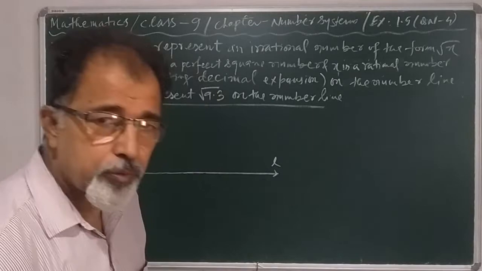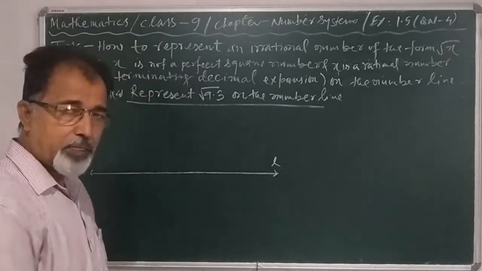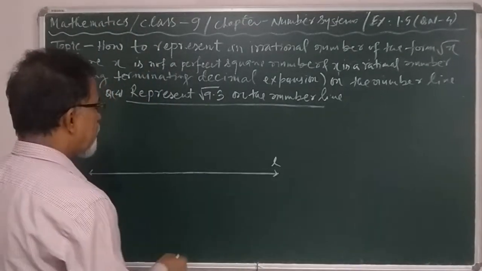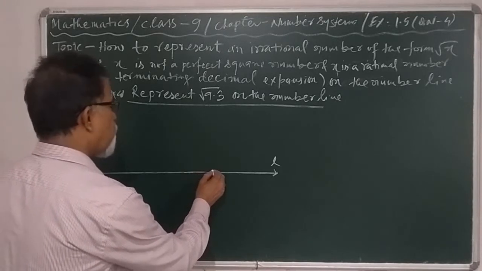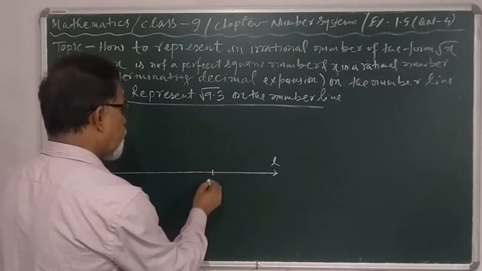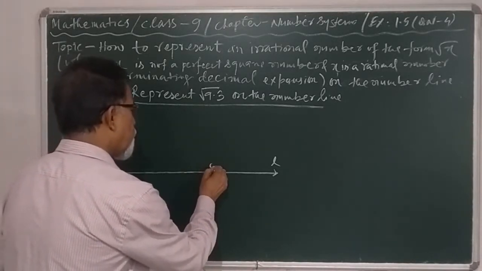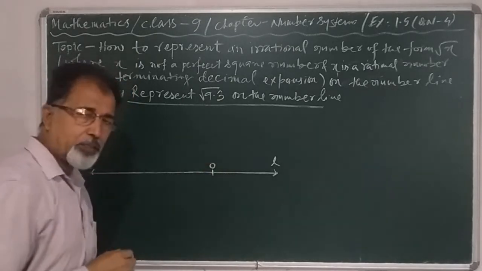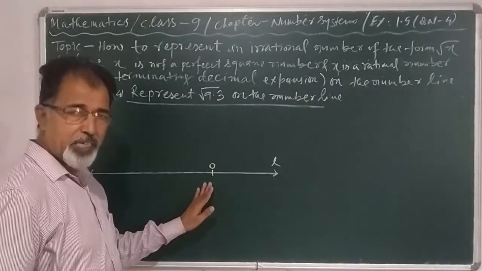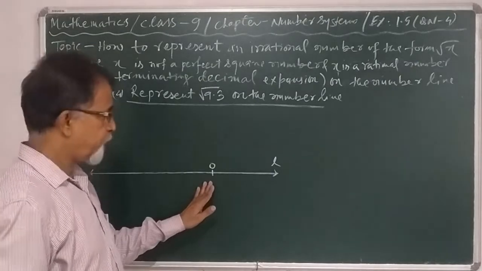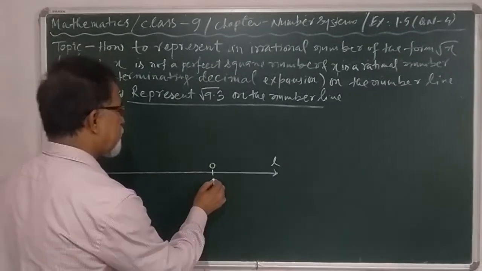Let us now mark a point O on the number line which represents 0 on the number line.